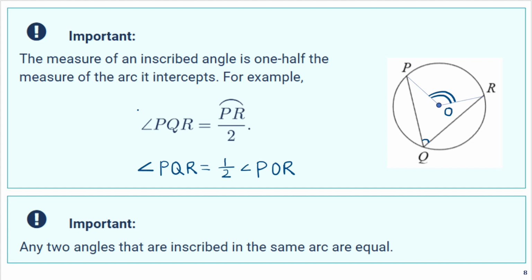Also, from this property, we can easily know that any two angles that are inscribed in the same arc are equal.